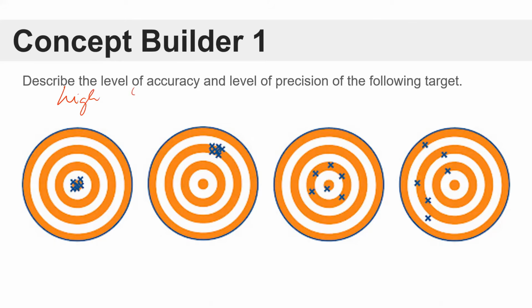So high and low. So, alin dyan yung merong high accuracy, high precision, high accuracy, low precision, low accuracy, high precision, and low accuracy, low precision. And then, maglagay kayo ng explanation.